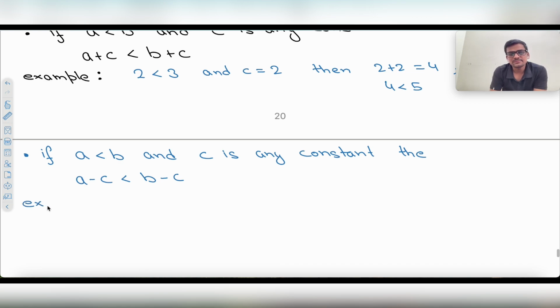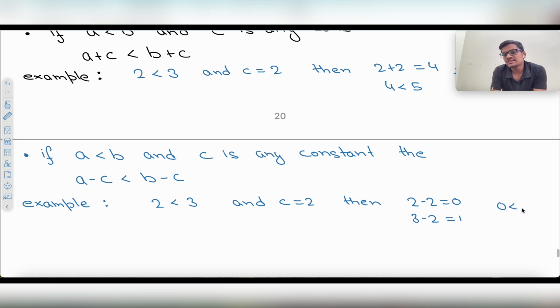For example, 2 is less than 3 and I am taking my constant C equal to 2, then 2 minus 2 is 0 and 3 minus 2 is 1, and obviously this 0 is less than 1.